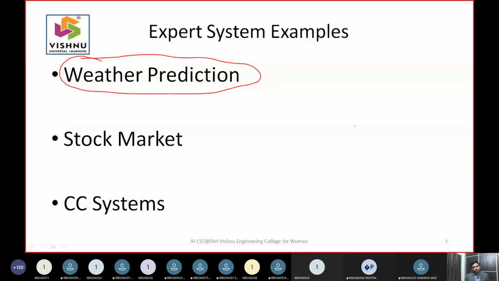I have the data of a place, like you can consider a place like Vijayawada for the last 5 years. We call that 5 years data static data, which will not change with respect to time. Based on this, we can predict the weather.